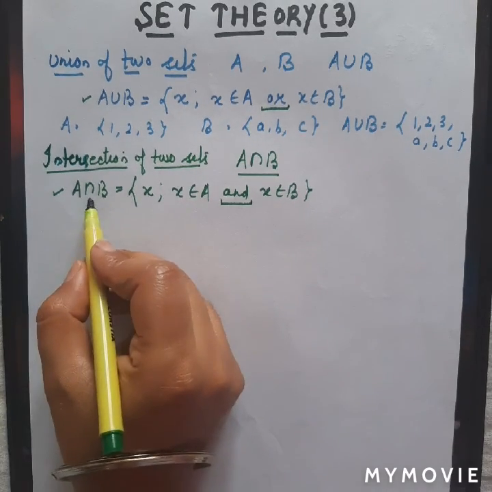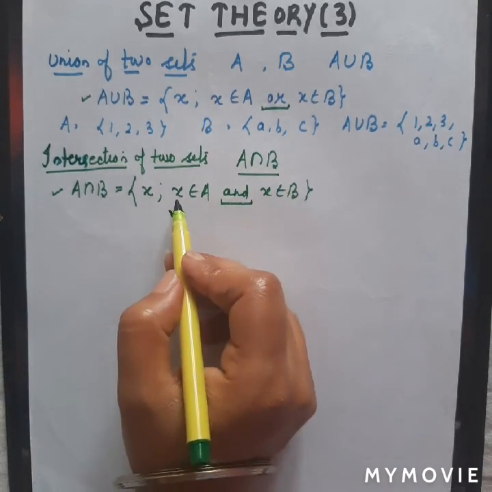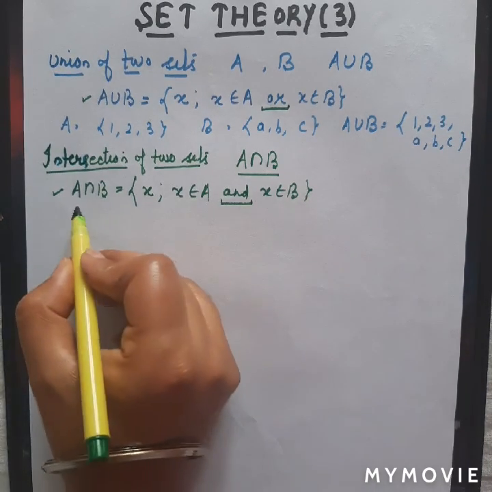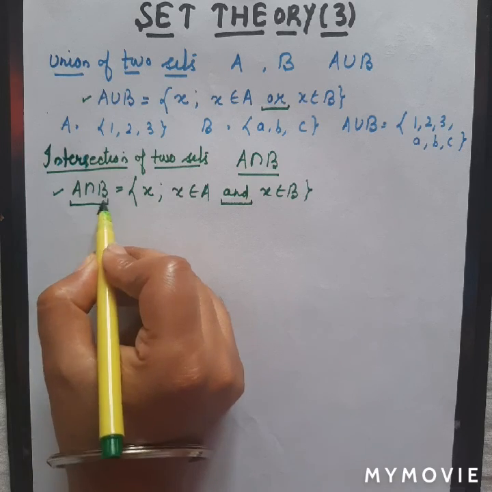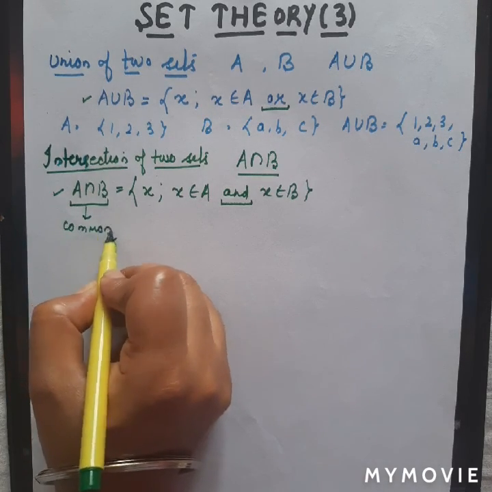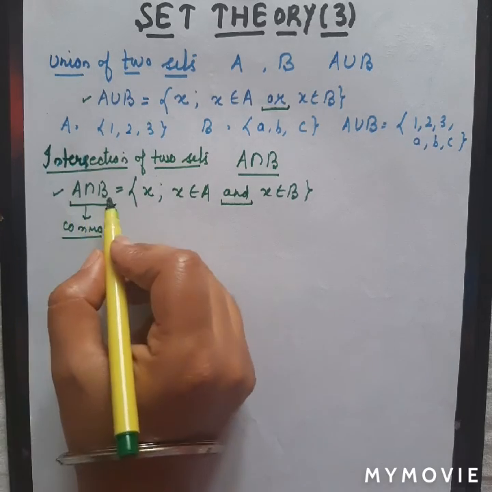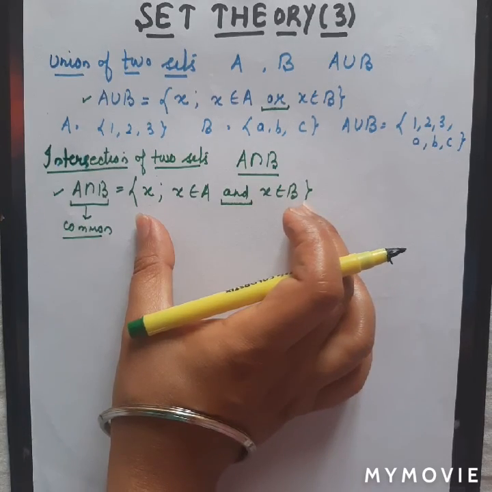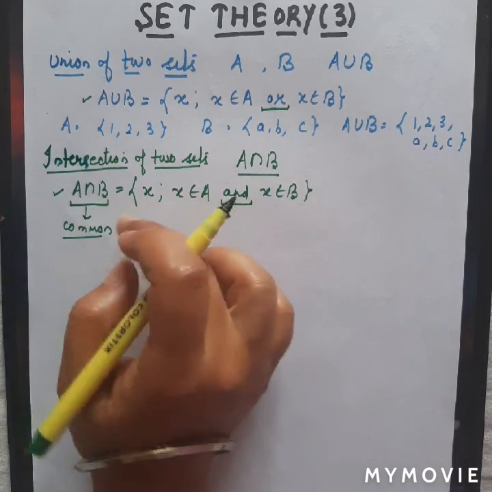So the collection of all the elements where X belongs to A as well as X belongs to B, or in another language, elements which are common to both A as well as B, only those elements will be included into A intersection B.